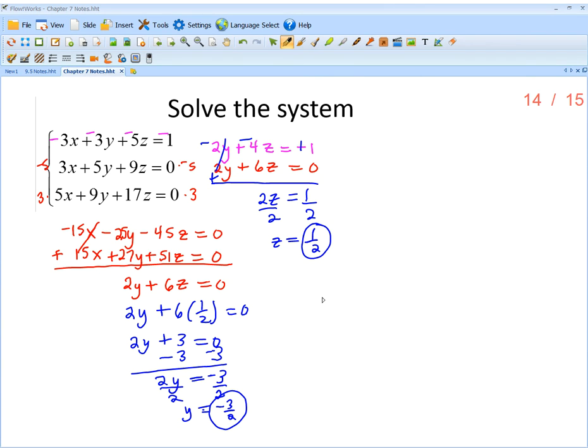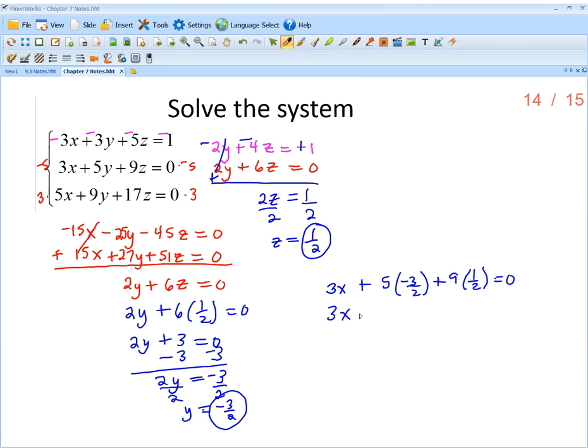So I'm going to pick that middle equation. I'm going to get 3x plus 5 times negative 3 halves plus 9 times a half is equal to 0.